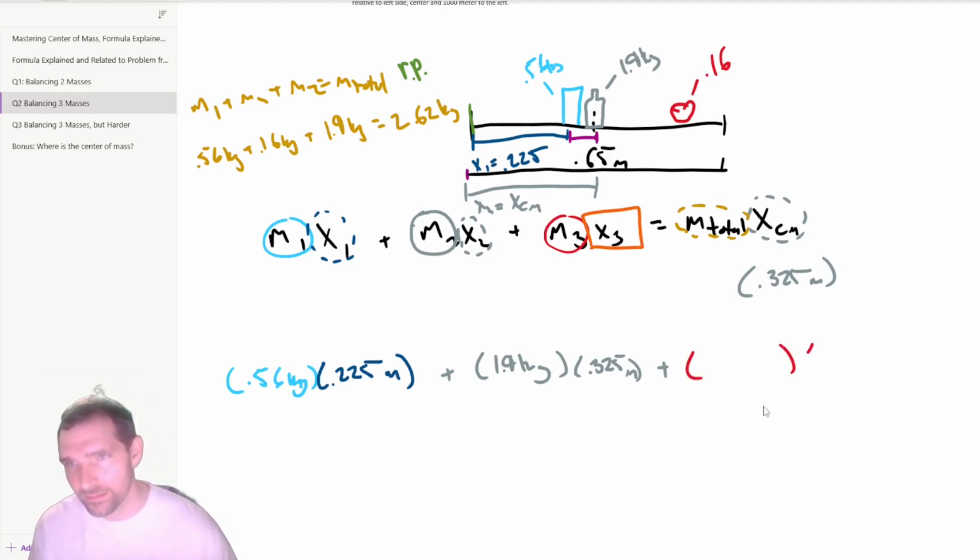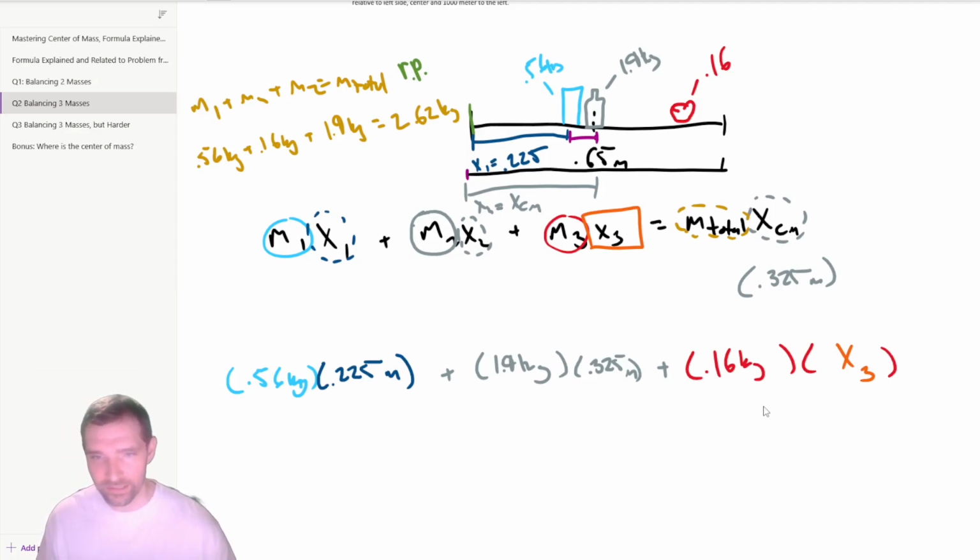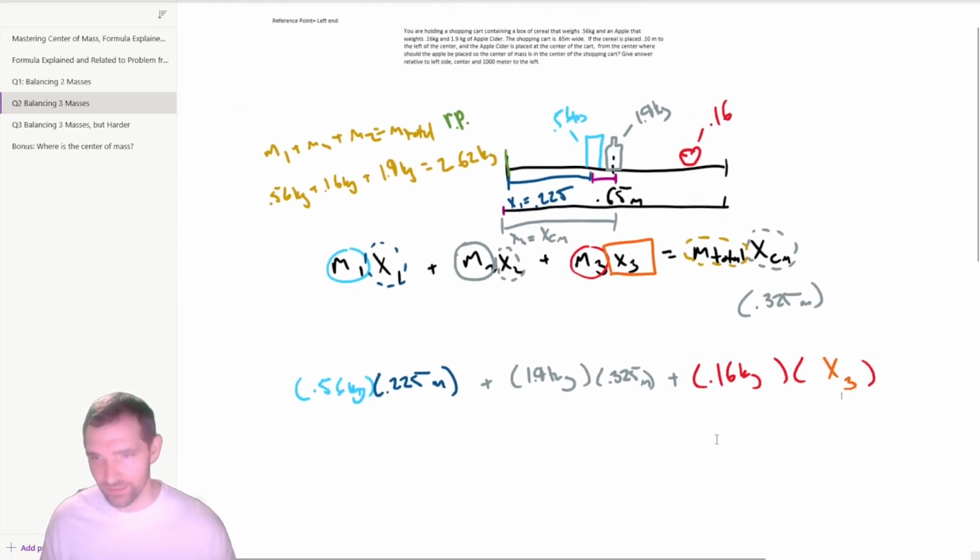And then we've got our mass and our displacement for the apple. So the mass is 0.16 kilograms, and we're going to look for x3 right here. This is what we're ultimately solving for.